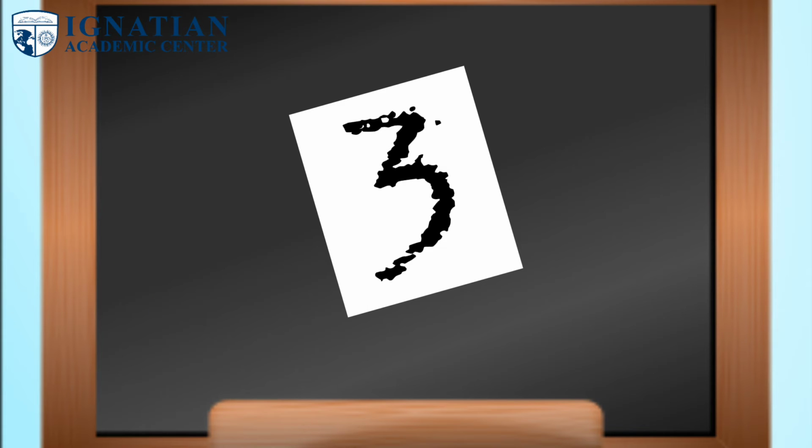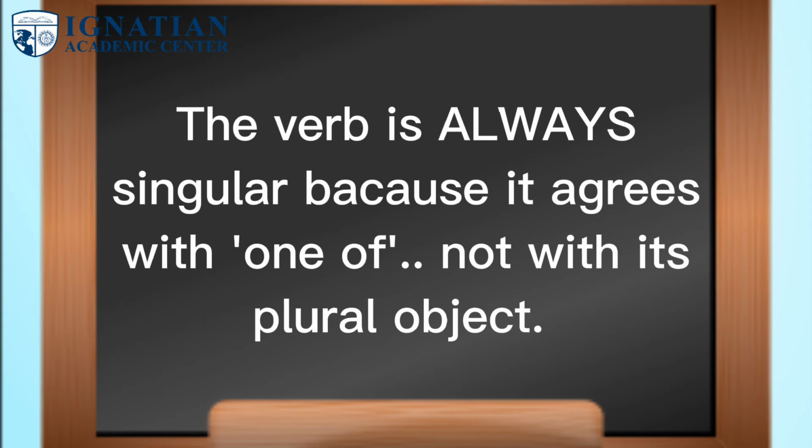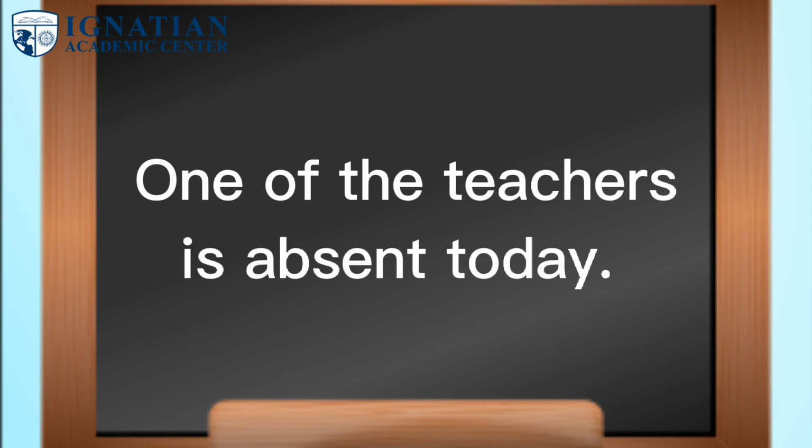Third, the verb is always in the singular form because it agrees with "one of" and not with its plural noun or pronoun object. One of the teachers is absent today.